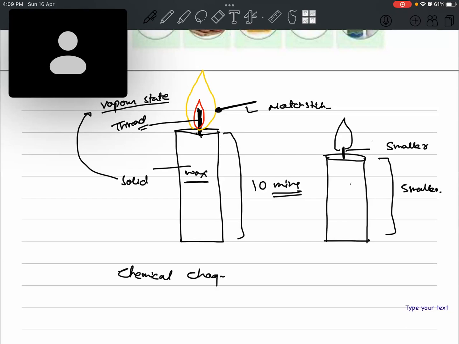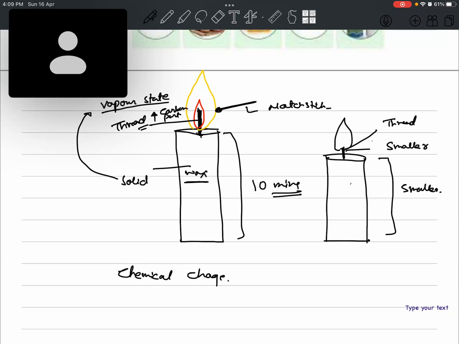Another thing is, this thread of the candle is also burning, right? When you burn the thread of the candle, it produces carbon particles.